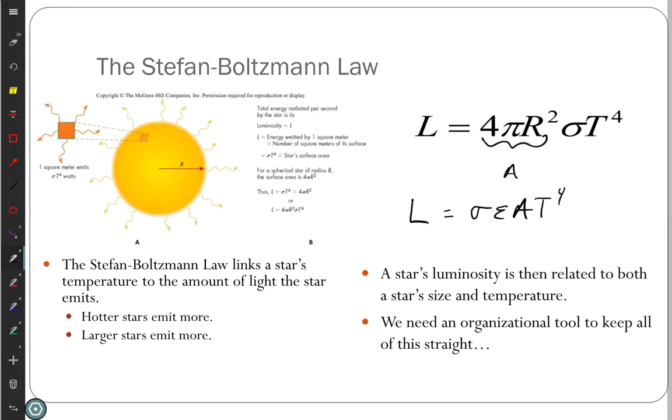The luminosity is that Stefan-Boltzmann constant sigma multiplied by the emissivity. That's a number that tells us how efficiently it gives off light. 0 would be no efficiency whatsoever. 1 would be perfect efficiency. We call this black body radiation because blacks are perfect. They're 1 for the emissivity. And of course, if it's silver, it's 0 for the emissivity.